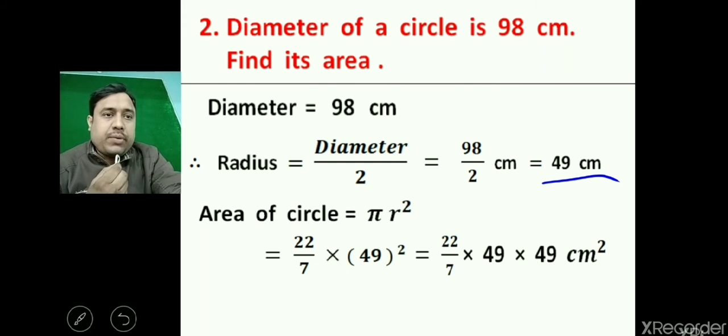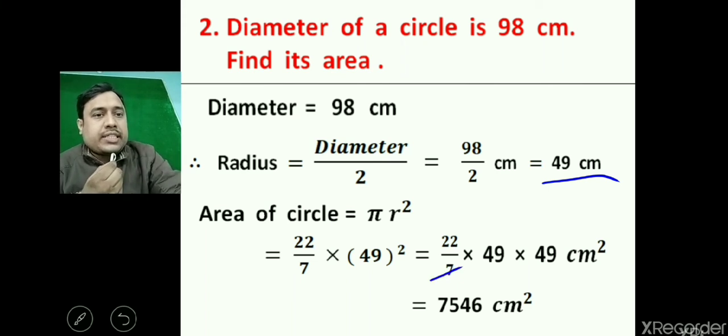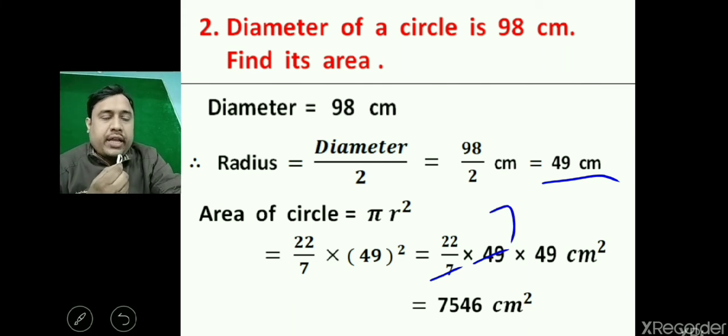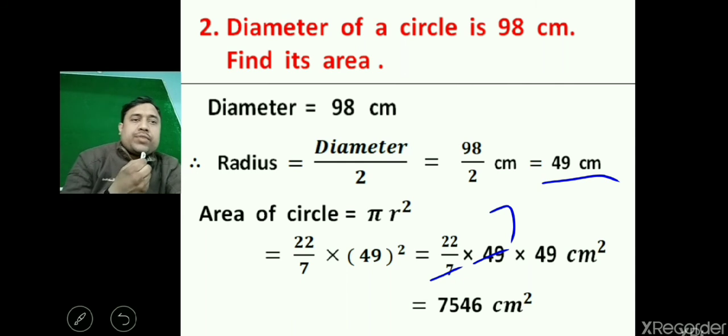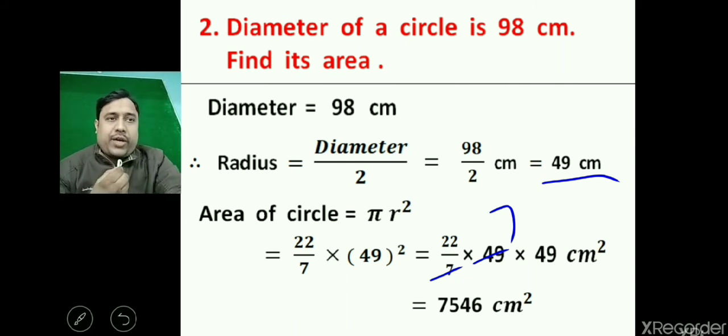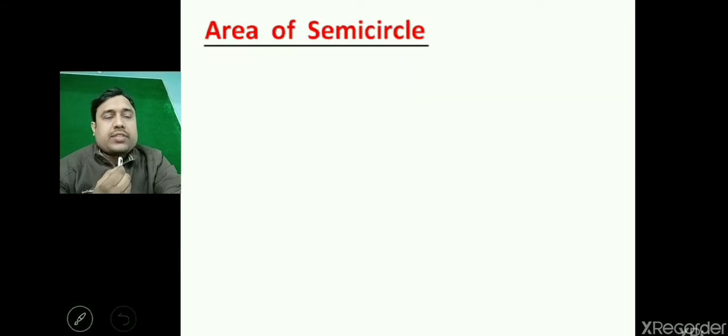So 22 by 7 into 49 into 49. Cutting 7 into 7 times, 22 into 7 into 49, you will get 7546 centimeter square. This way you can find the area of a circle.